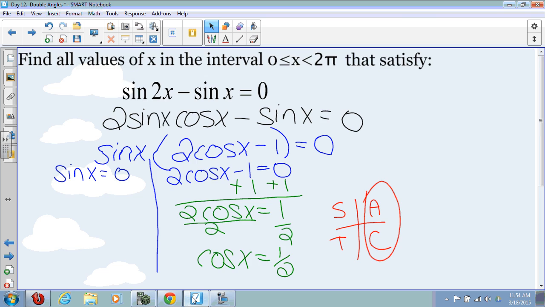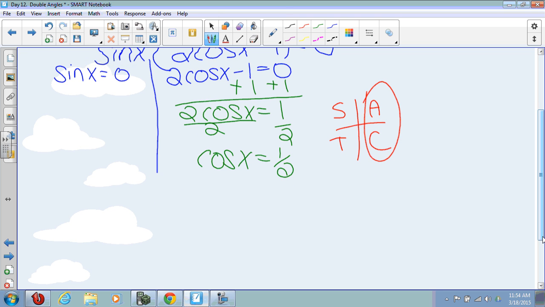So that happens to be one of our answers, but we have to put it in radians. So 60 is pi over 3. Off to the side, we got 60 degrees. To get to quadrant 4, we're going to subtract it from 360. So 300 degrees.